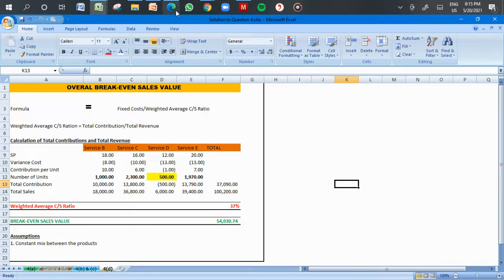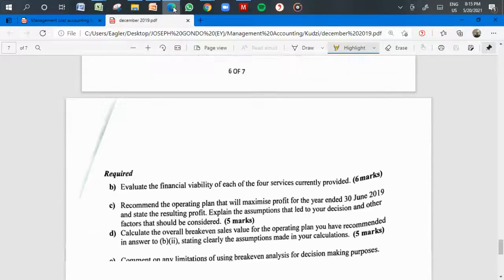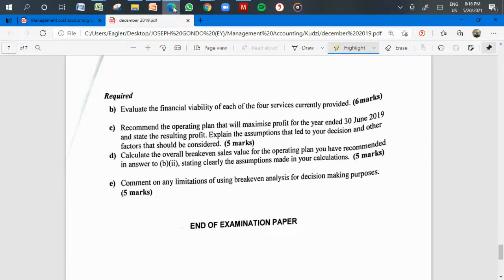Then what was 4D? 4D was saying calculate the overall break-even sales value for the operating plan you have recommended in part 2, stating clearly the assumptions made in your calculations. So here I was calculating the break-even sales value.